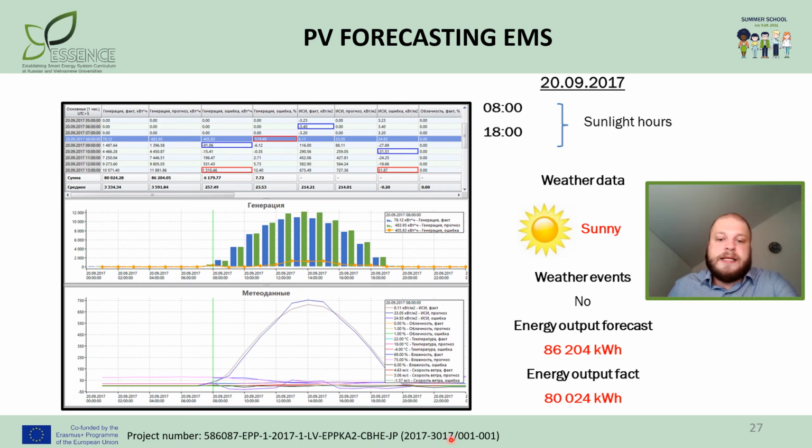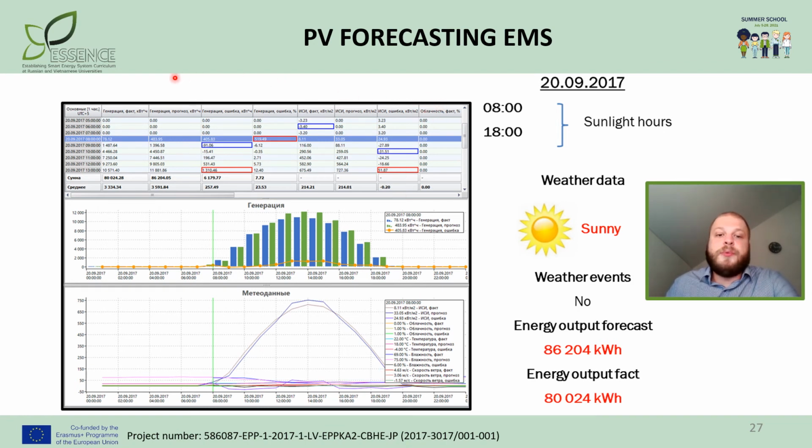At the lower side, there is a graph illustrating many useful operational parameters, like cloudiness, which illustrates the impact of external weather conditions on the photovoltaic power plant's operation.